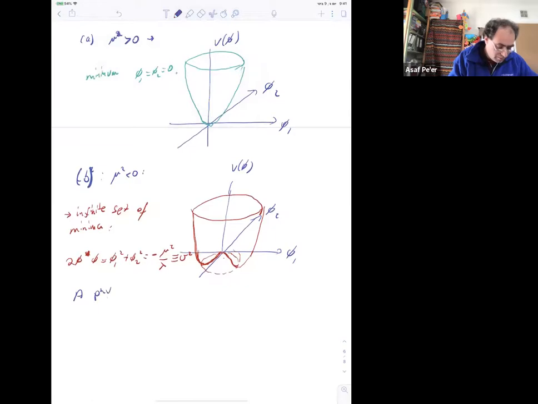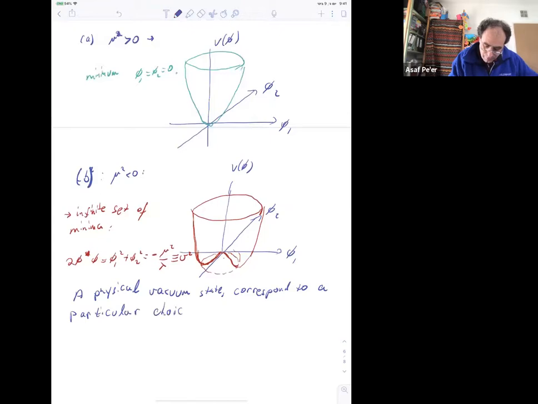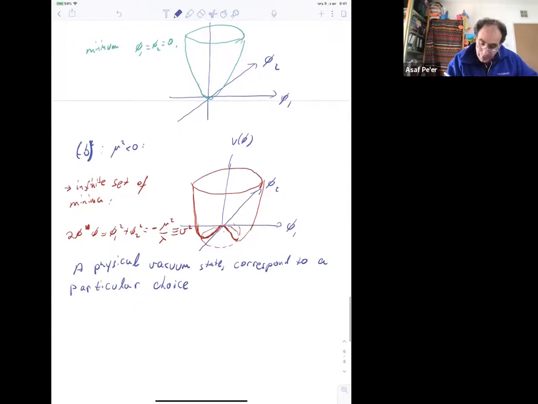Physical vacuum state corresponds to a particular choice, or particular point, on the circle.